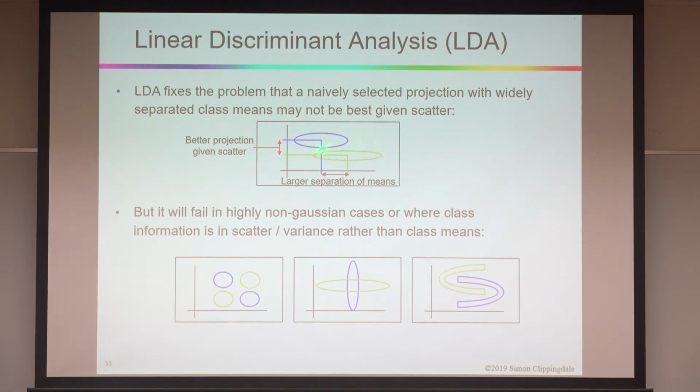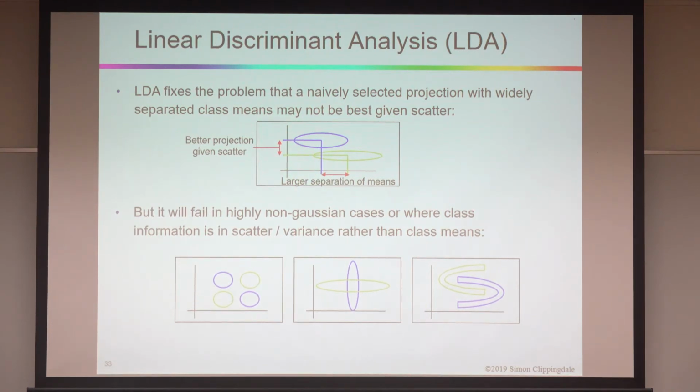So for this example here, on the horizontal axis here, we've got nice large separation of the means here, but the scatter of each class is such that they overlap on the horizontal axis more than they do on the vertical axis. So that's an example where LDA works quite nicely. It will give you a line probably somewhere up here.